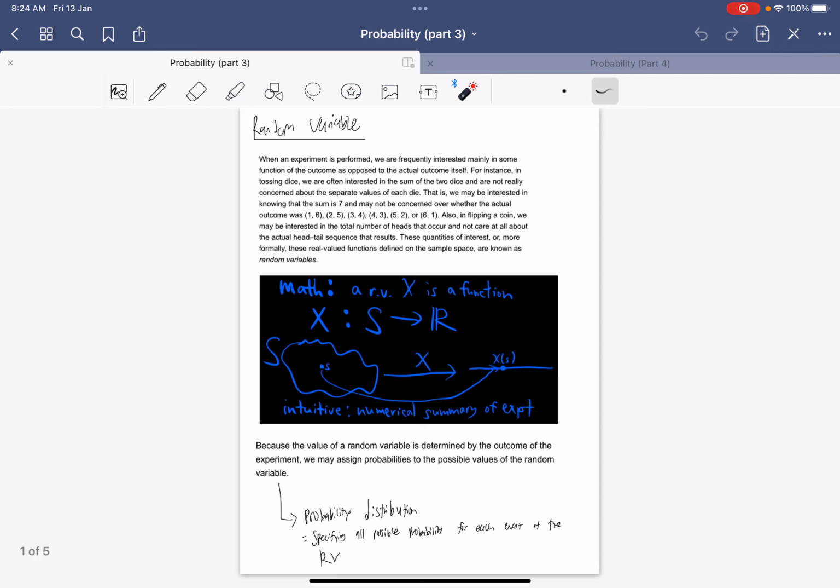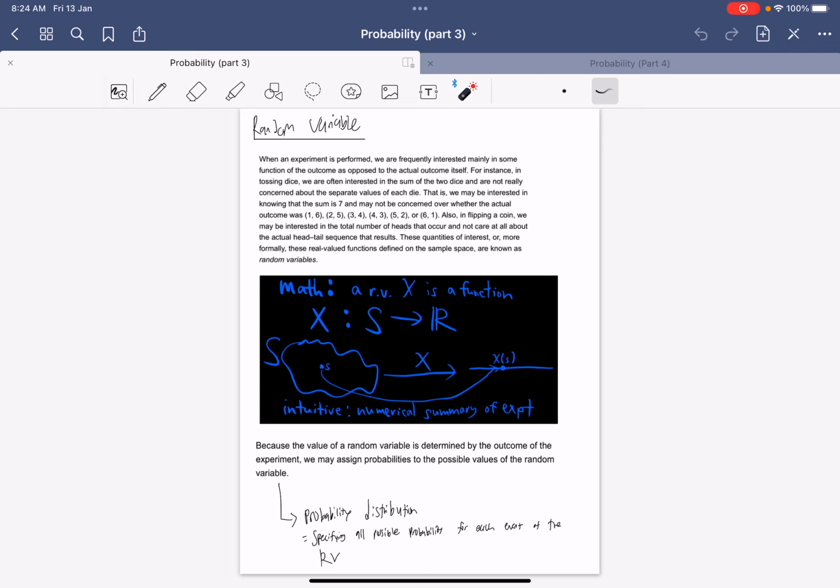And that's what you really want to capture from the sample space. A random variable is really a function from the sample space to the real line. So it is like a summary of your experiment.